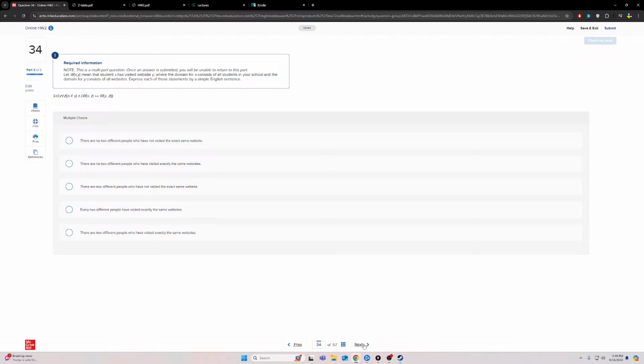There exists an x and y where they are not the same, and x has visited every website, if and only if y has visited every website.